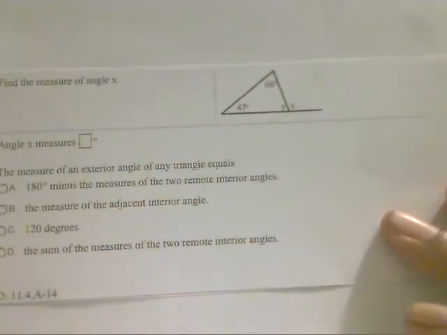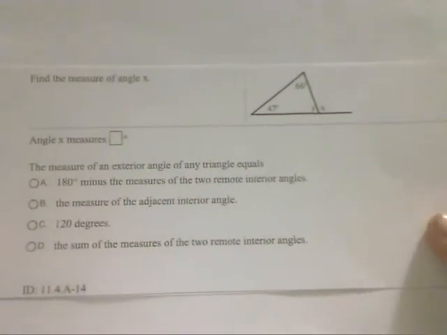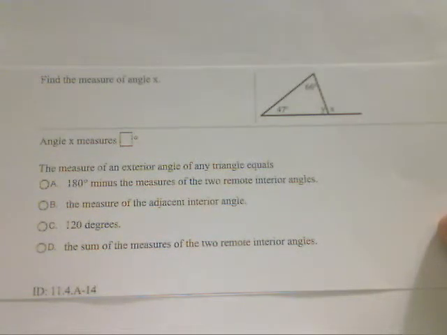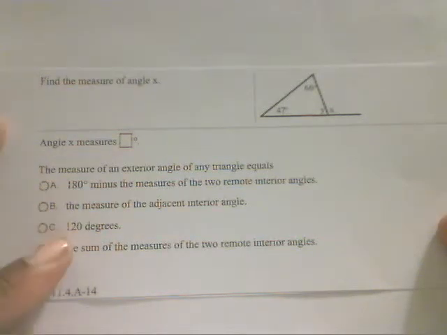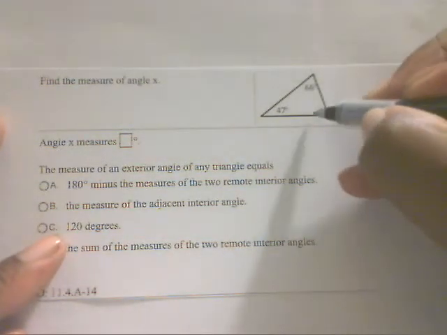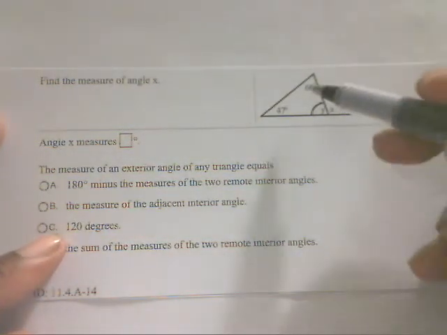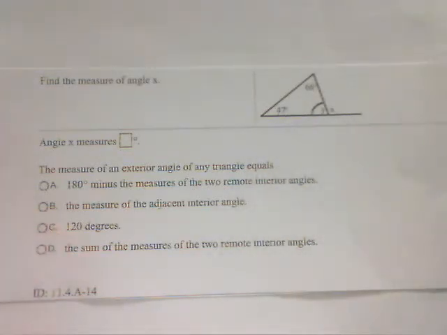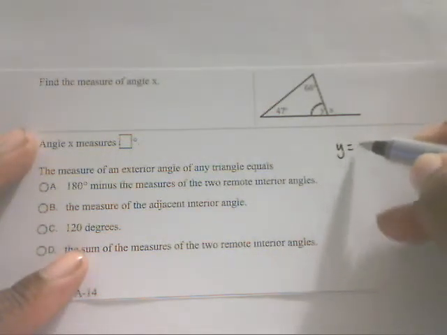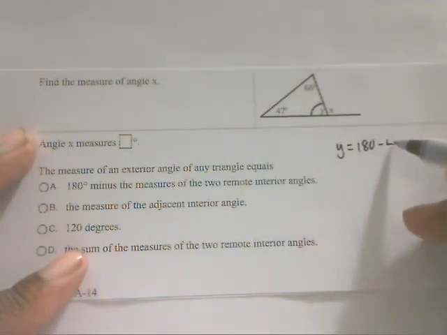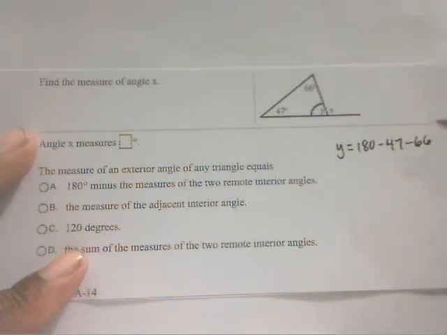Okay, problem number 7. Find the measure of angle X. Okay, I'm going to do it the long way so you can see where we're going to go with this. Let's take a look at this triangle here. The sum of all the angles in that triangle is 180 degrees. So here, Y is going to be 180 minus the 47 minus 66.